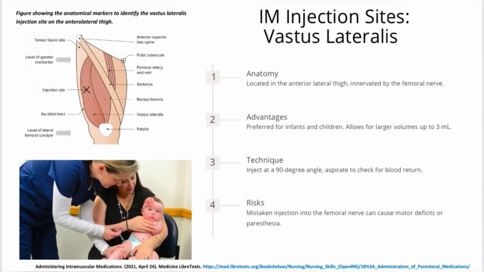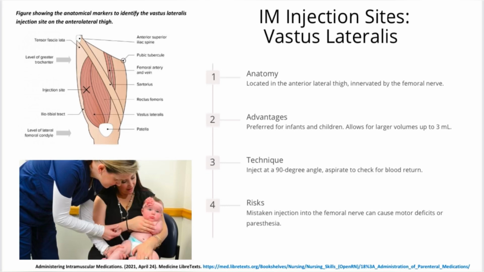The next slide I talk about IM injection sites. Vastus lateralis. IM is intramuscular, the injection of medication into the muscle. The first is located in the anterolateral thigh, innervated by the femoral nerve.